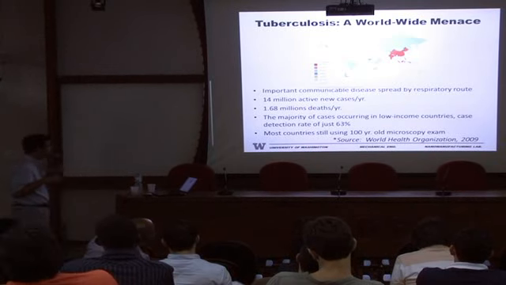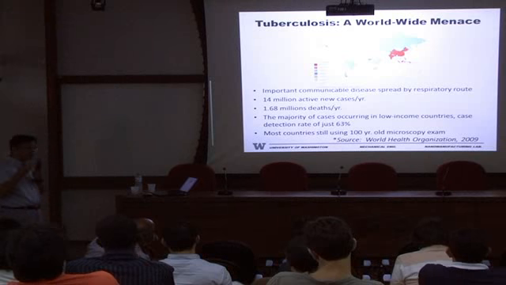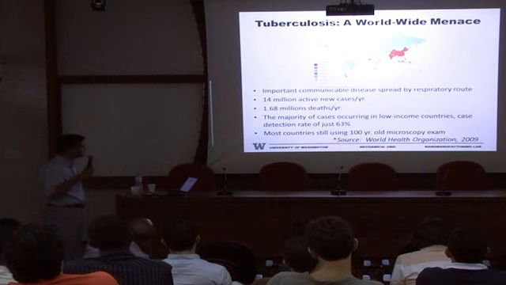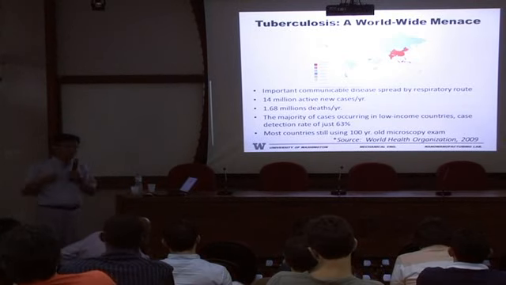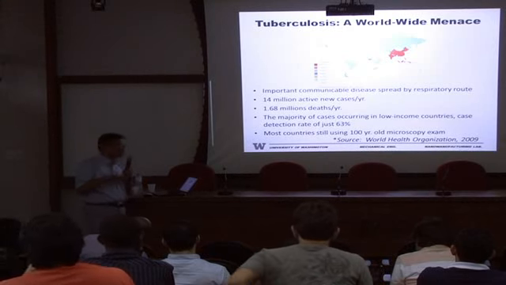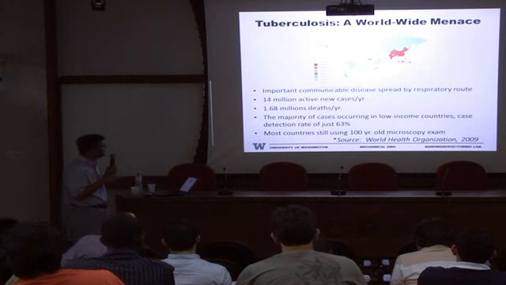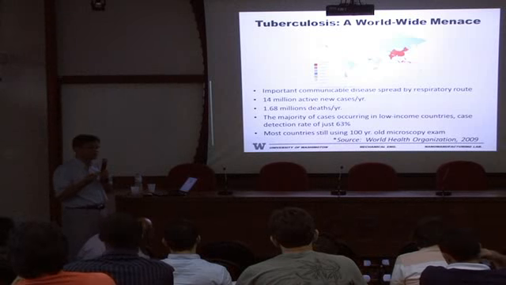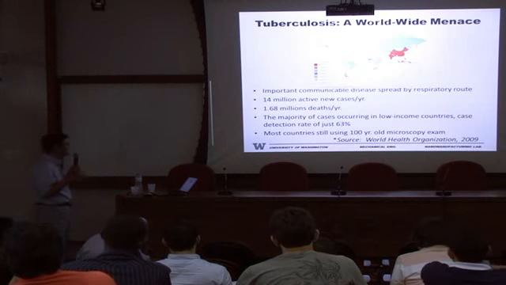The thing is, about 1/3 population of world population, one third of them, they are already infected with this tuberculosis. So when our immune system is down, then at certain point, the cells will be grown in our body, and then we are kind of significantly affected by those TB.